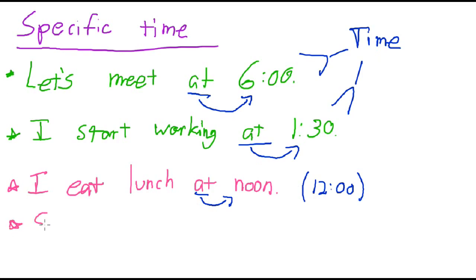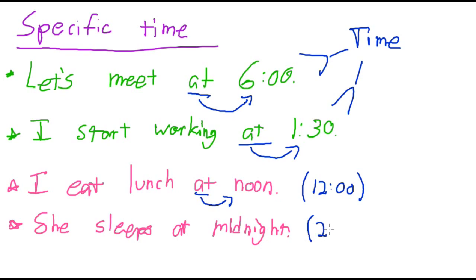Or maybe I can say she sleeps at midnight. Okay, well, midnight is also 12 o'clock, but 12 o'clock p.m. So you could even write that in a 24-hour clock. That would be exactly 24, okay? But those are both still times. So we use it for those specific times. Okay, so hopefully that'll give you a better idea of that.